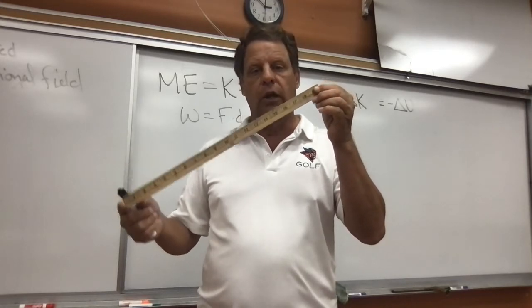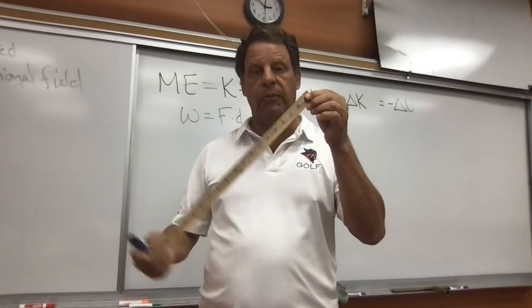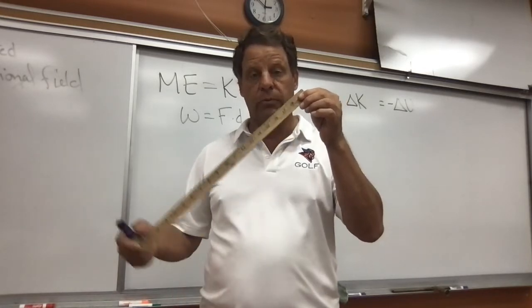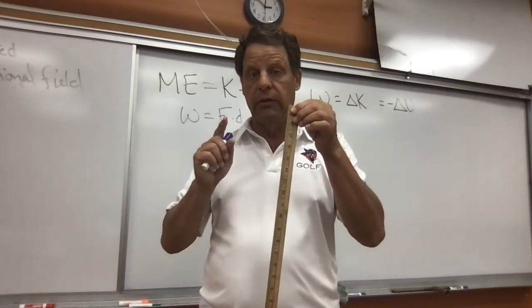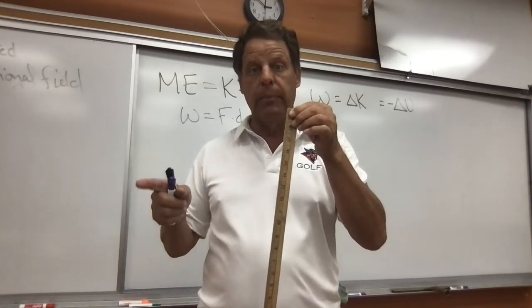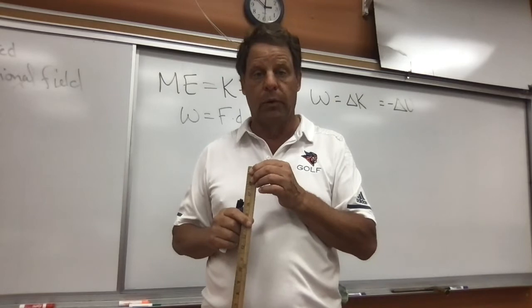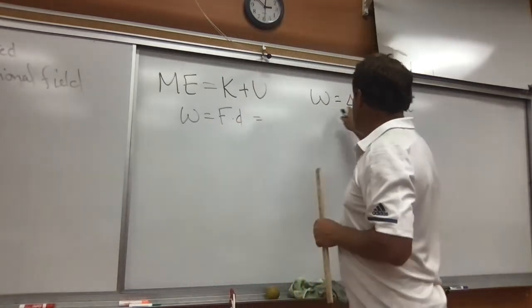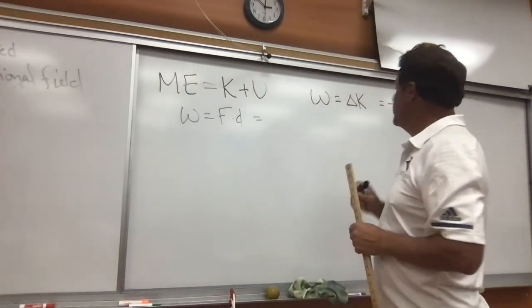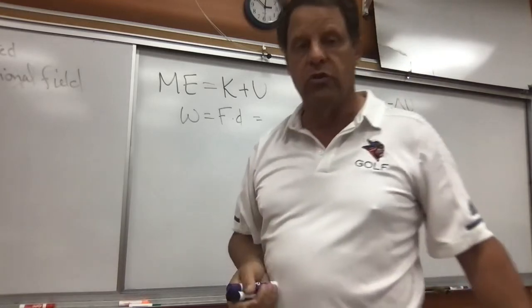Now, as we let go and the mass drops, its kinetic energy is going up. At the same time, its potential energy is going down. So the change in kinetic is equal to the negative change in potential.